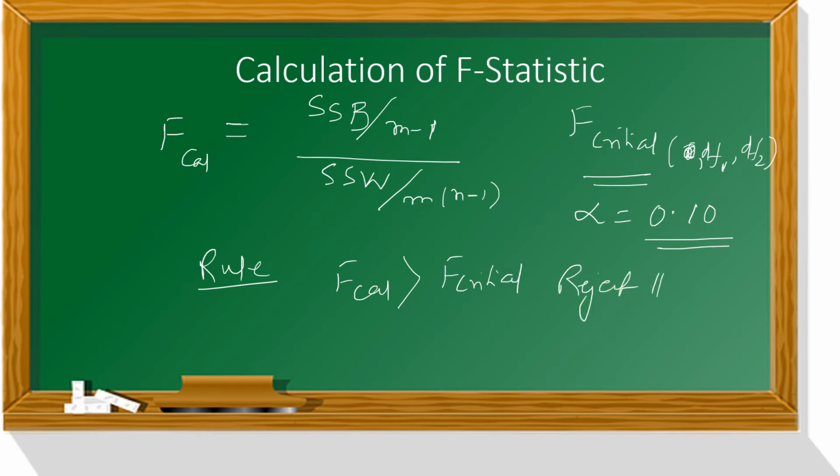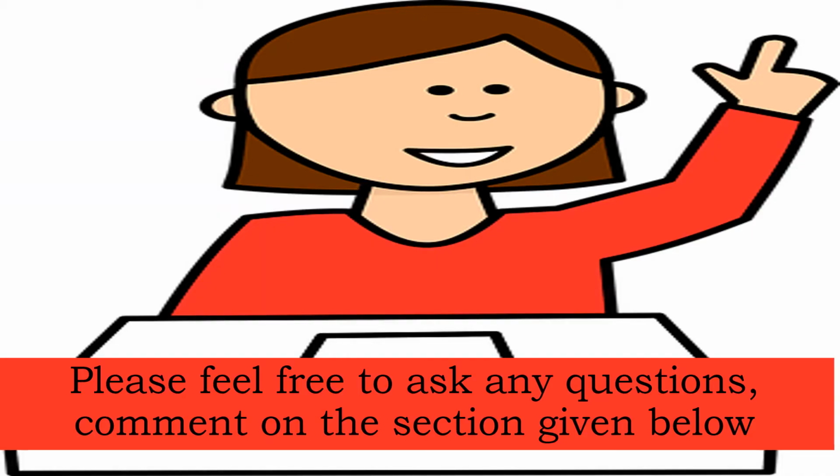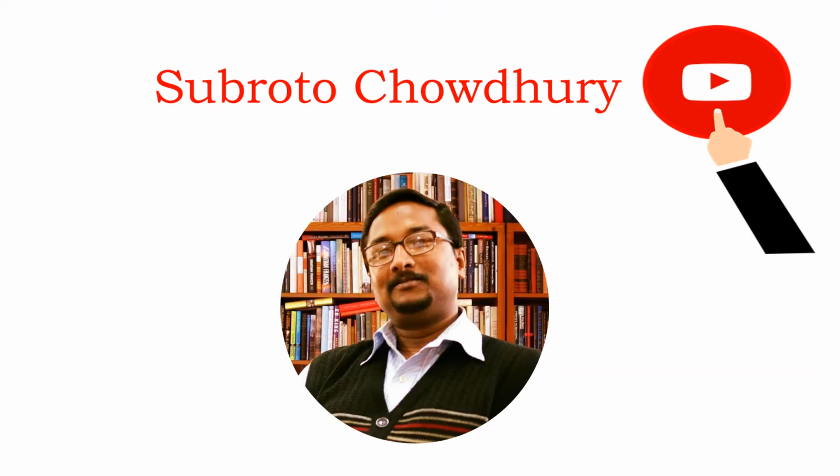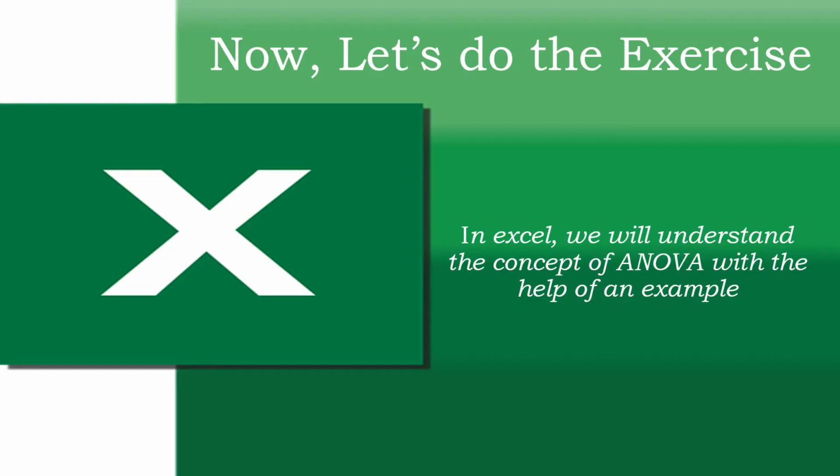And if the F calculated value is less than the F critical value, then there is not sufficient evidence to reject the null. This is the rule we need to follow. After calculating the F value and seeing the critical value of F from the degrees of freedom, we will see whether we are in a position to reject the null or cannot reject it.